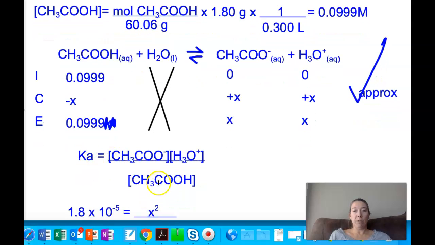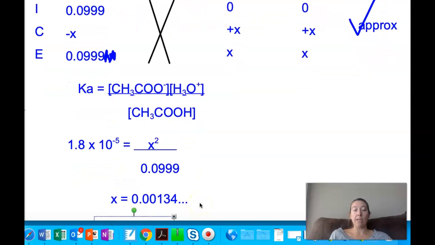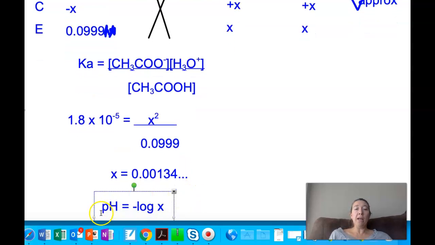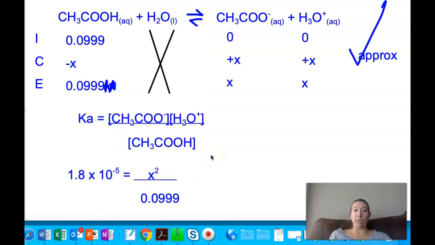We set up our equilibrium law expression. So Ka is the acetate times the hydronium divided by the acetic acid. So we get our 1.8 times 10 to the negative 5 equals X squared divided by 0.0999. From there, we can figure out what X is. And from X, we can figure out what that pH is, because it's going to be negative log of that concentration. We wind up with 2.873.